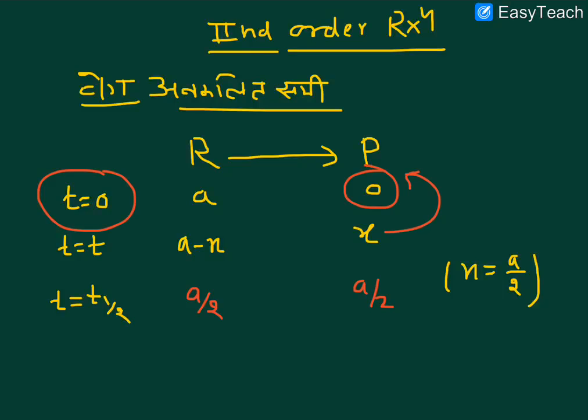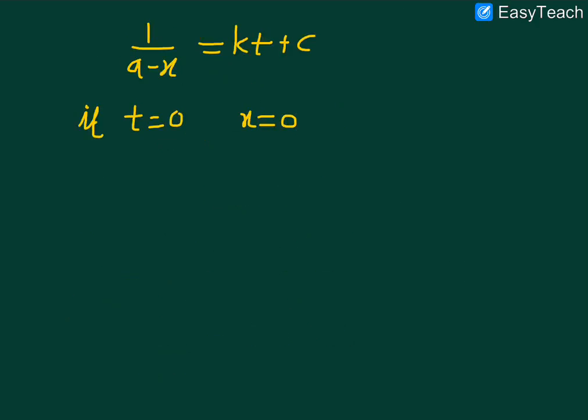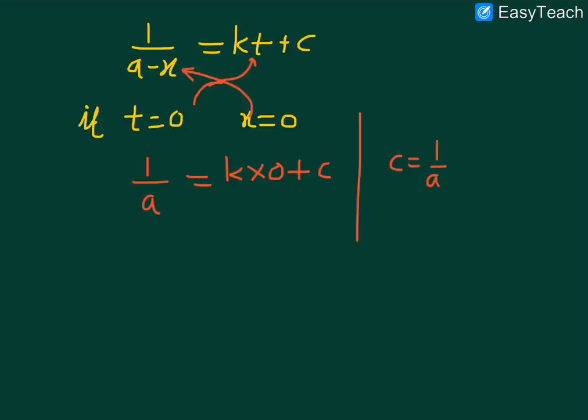So 1 upon a, because x is equal to 0, so 1 upon a into k into 0, because time is also 0, plus c. So we can say c is equal to 1 upon a.